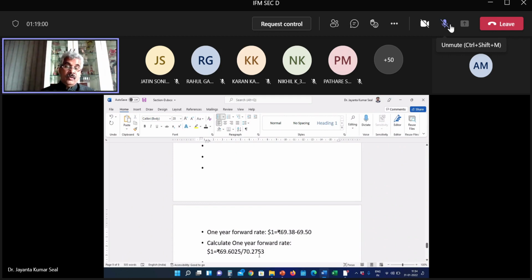So how did you find the arbitrage opportunity? This rate is more than this rate. As long as this rate is more than this rate, or this rate is less than this rate, there is an arbitrage opportunity.